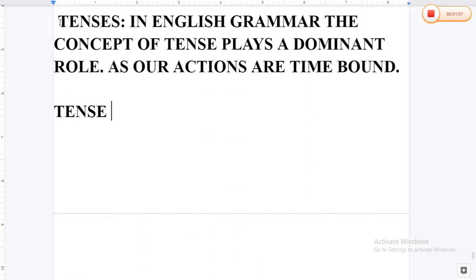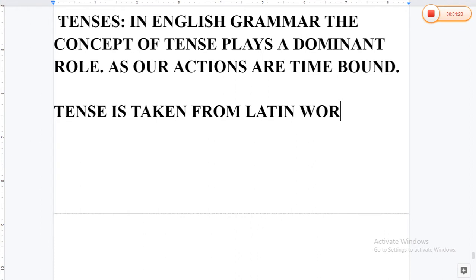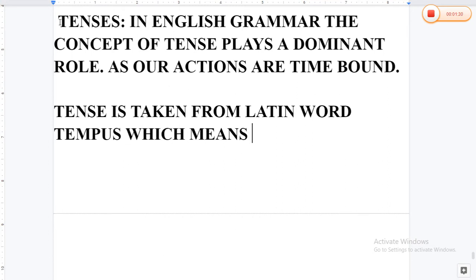Tense is taken from the Latin word tempus, which means sequence of time.